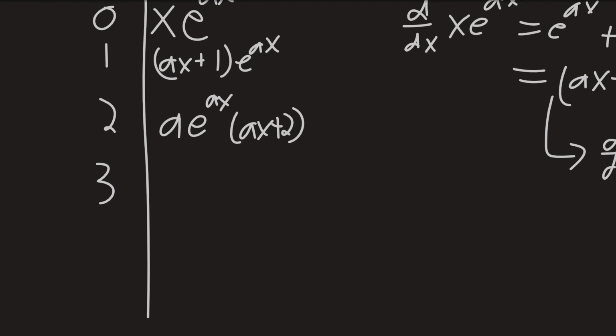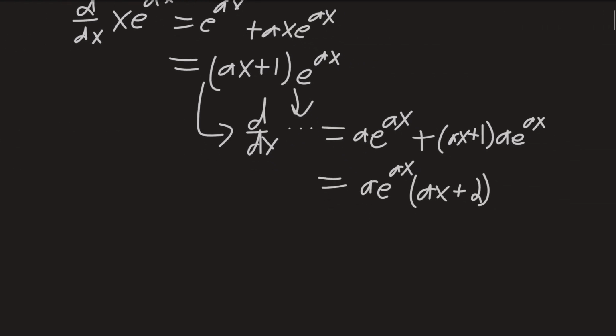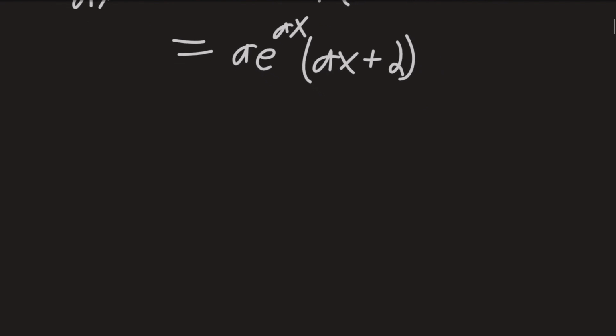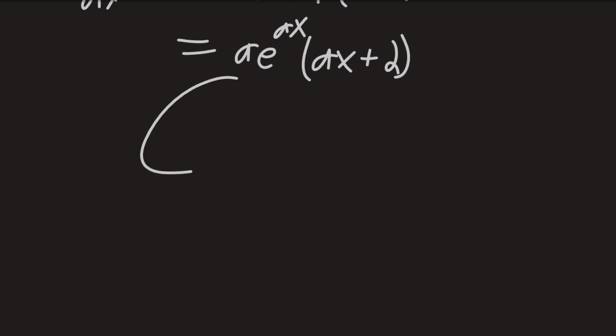And now, just to hammer the point home, we can do this one more time. Again, applying the derivative, what we get by product rule is a squared e to the ax plus a e to the ax, and then times, bring down the a, and we're left with ax plus 2 here.